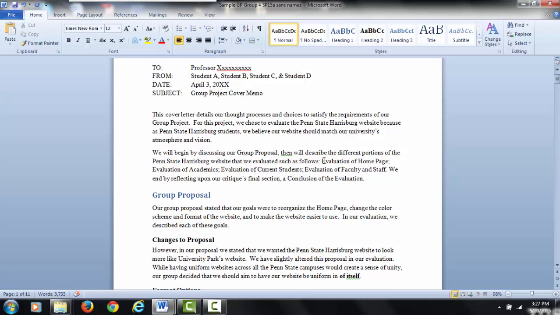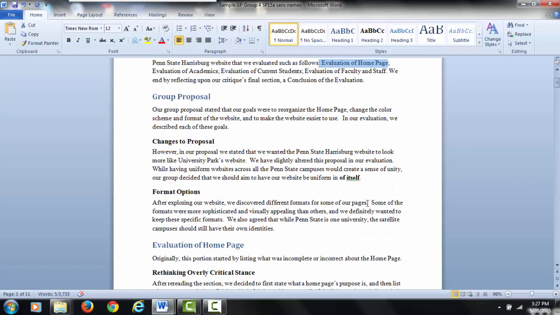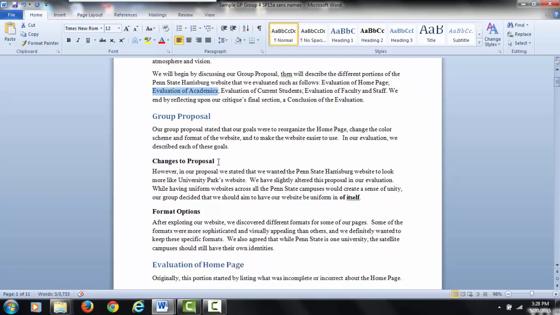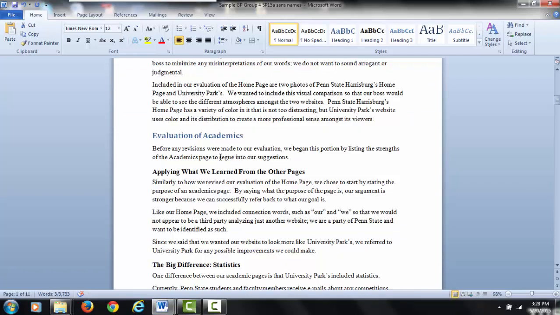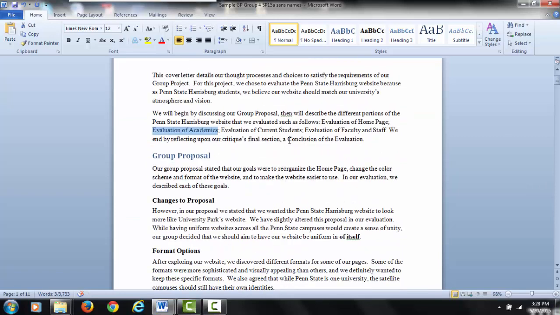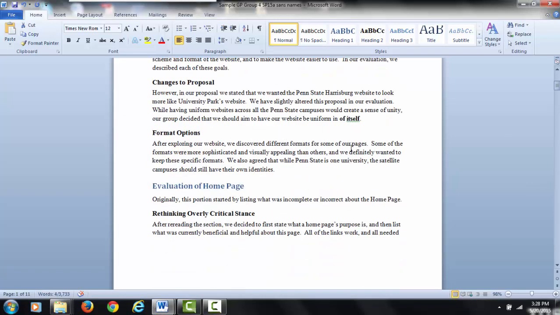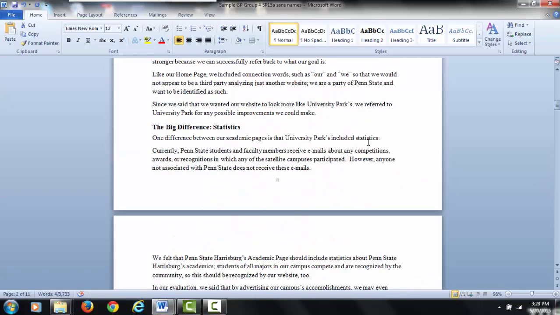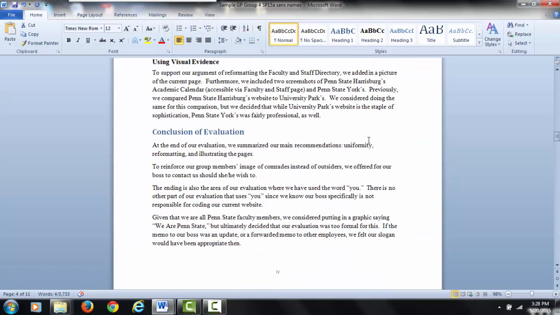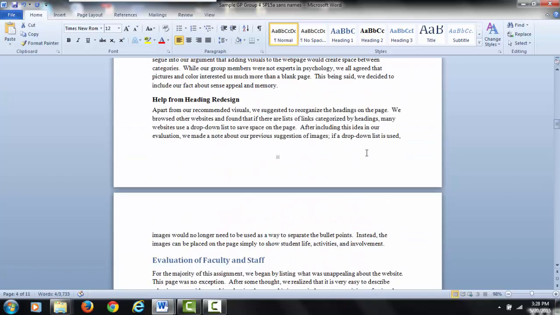So here we have group proposal, we have evaluation of home page. If we go down, evaluation of home page, evaluation of academics, and so on, all the way to a conclusion of the evaluation.